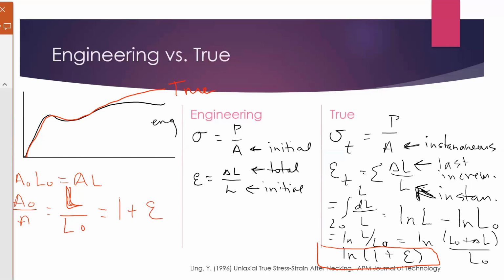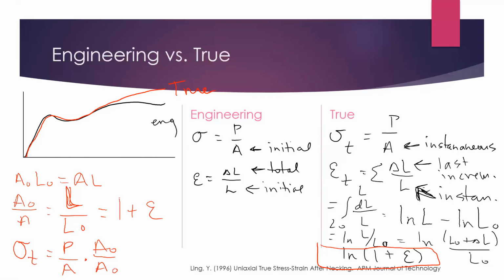If I calculate my true stress, and I want to say that that true stress has to be equal to P over A, where A is instantaneous. If I multiply this by A naught over A naught, I don't affect the equation, correct? Cool.